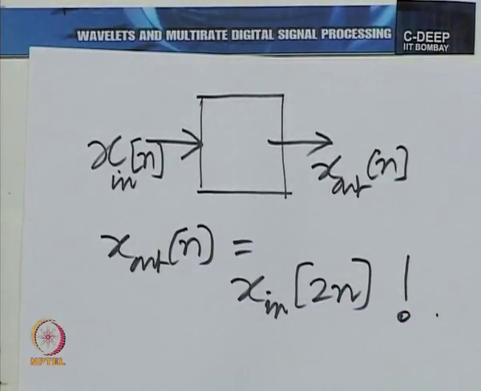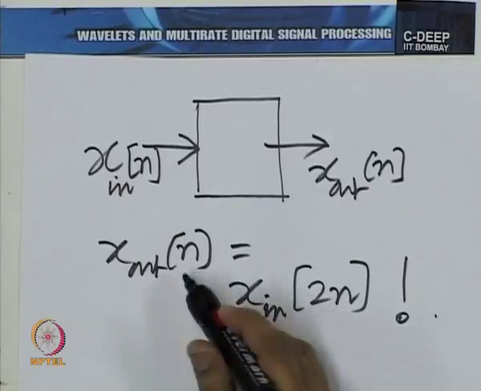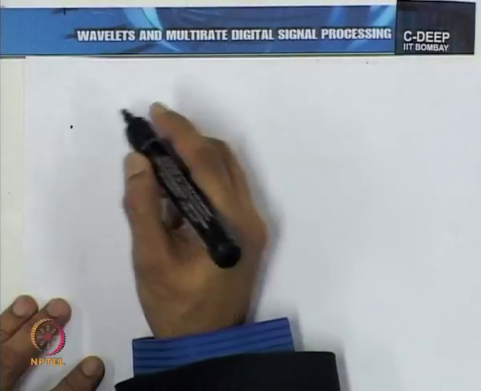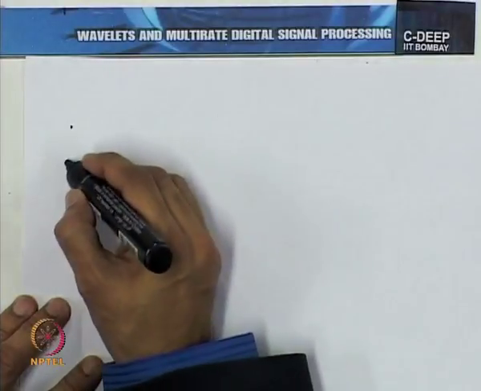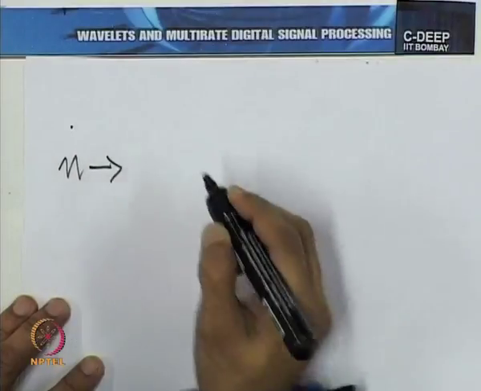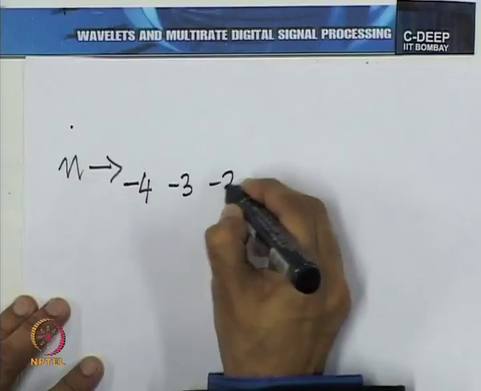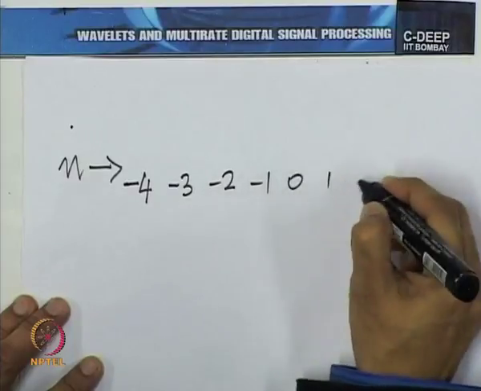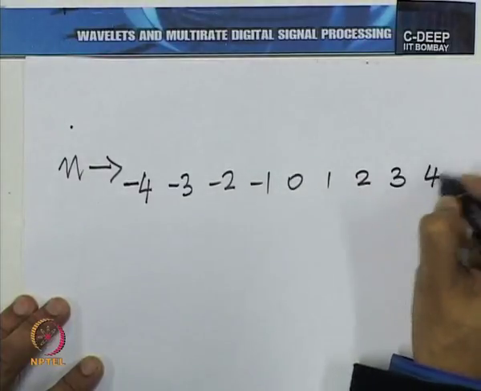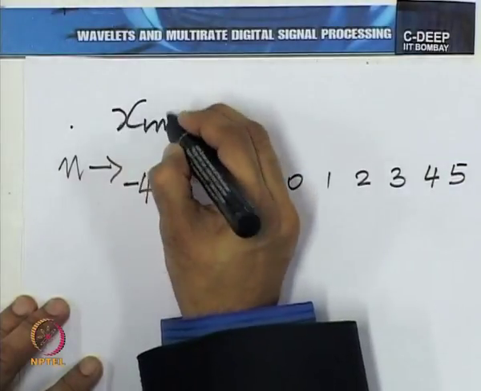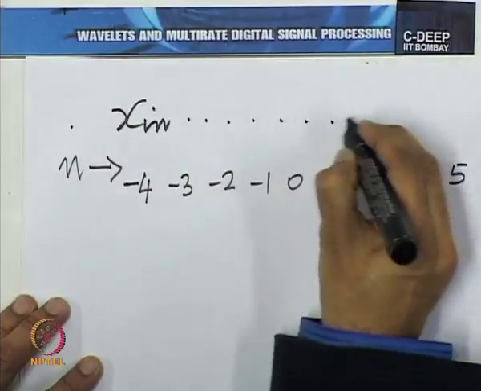We want a system like this. Let us interpret this system. What we are saying in this system is x in at n. So, let us write down n, minus 4, minus 3, minus 2, minus 1, 0, 1, 2, 3, 4 and so on, and the sequence x in here put at these points.